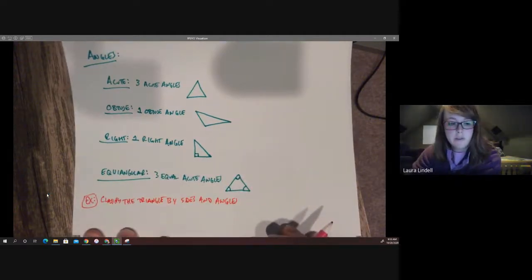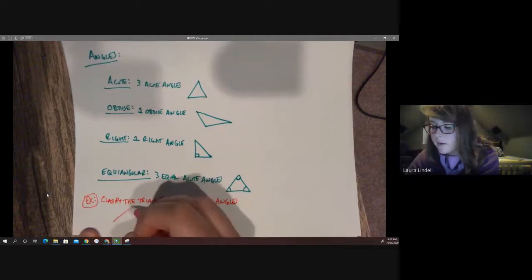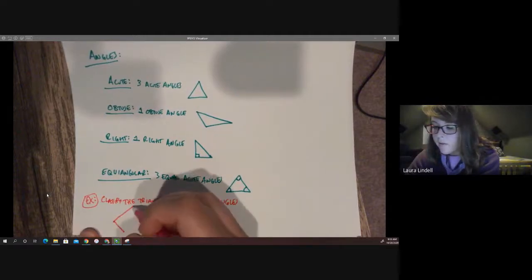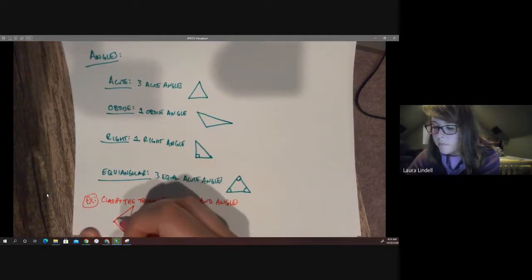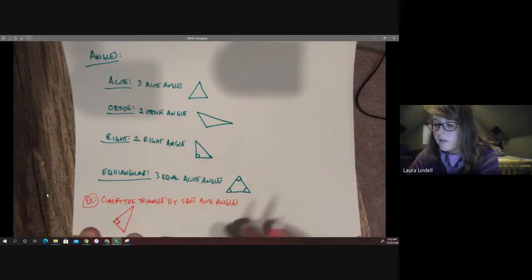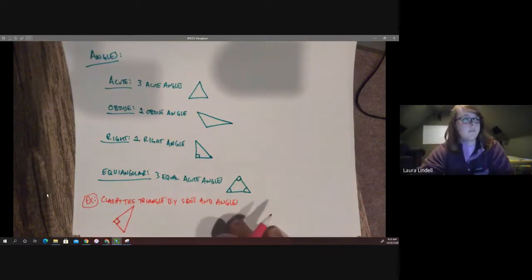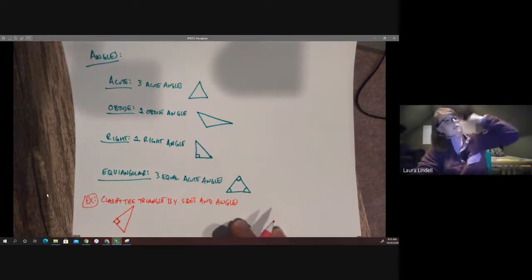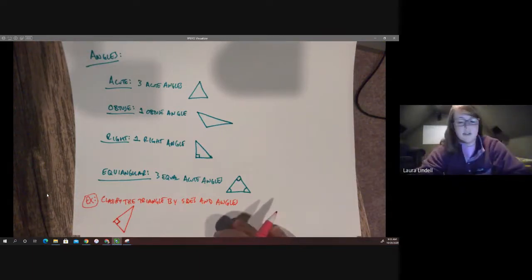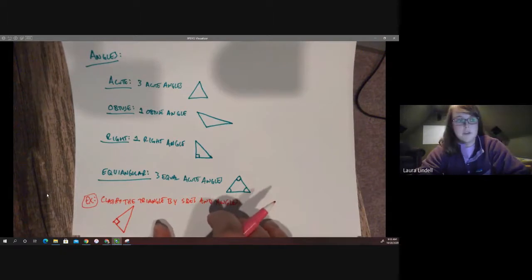So we might be given a picture like that. So first, going off of its sides, what do we think? Does that triangle have any that are the same? Is it going to be equilateral, isosceles, or scalene?